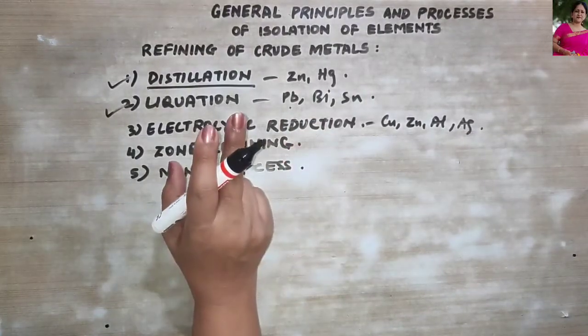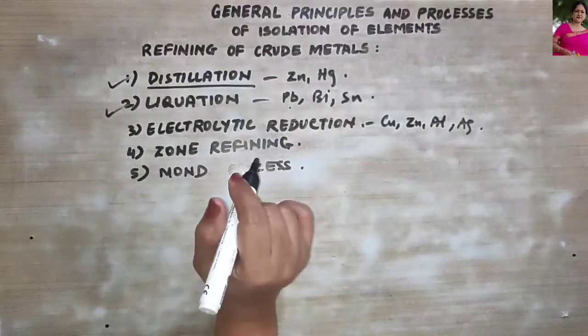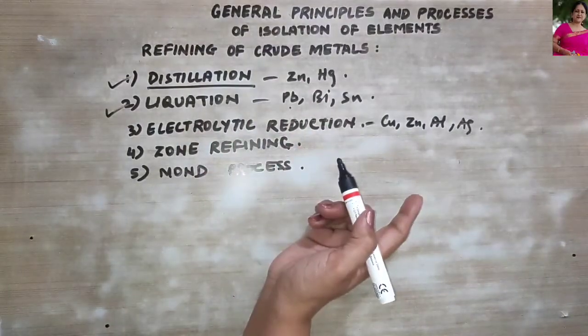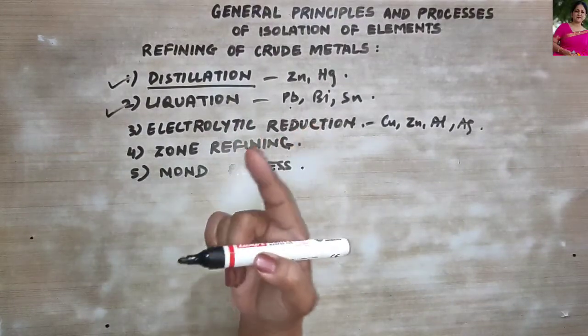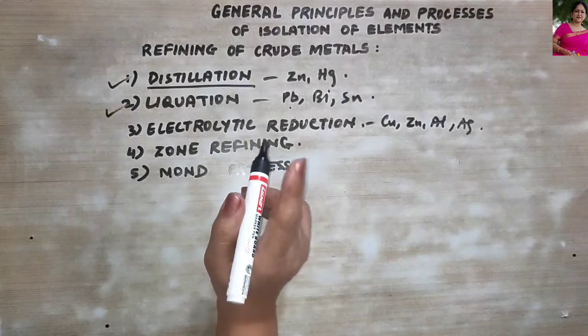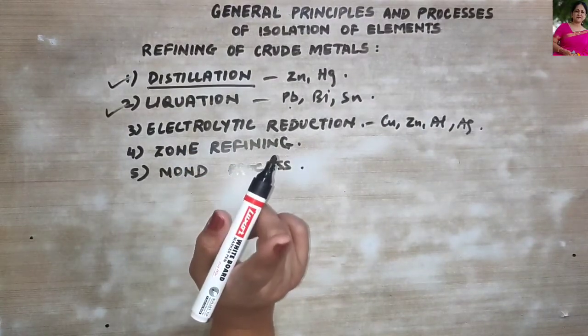It is always your anode, and it is connected to the positive terminal of the battery. And what is your cathode? It is the thin strip of the pure metal, which is connected to the negative end of the battery. Both these electrodes are connected to a battery, right?